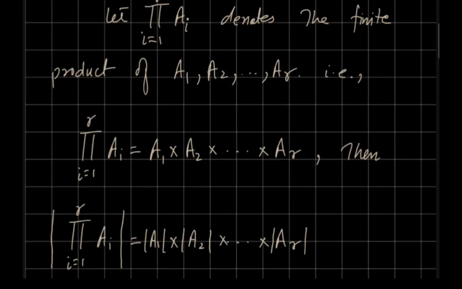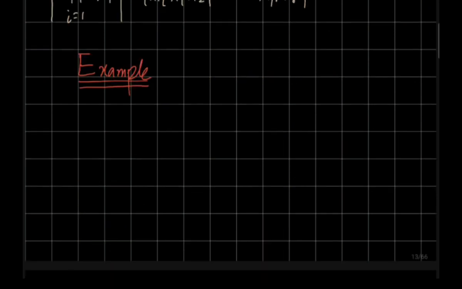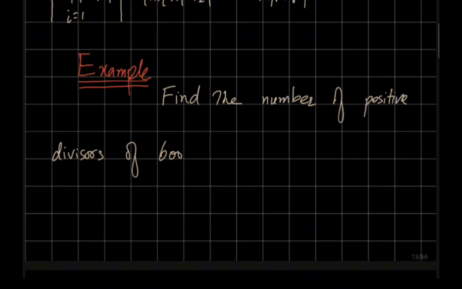So this is the set theoretic definition of the product rule of counting or multiplication principle. To understand precisely the concept of the product rule in a set theoretic way, let's have another example. In this example, we have to find the positive divisors of 600, including 1 and 600 itself.